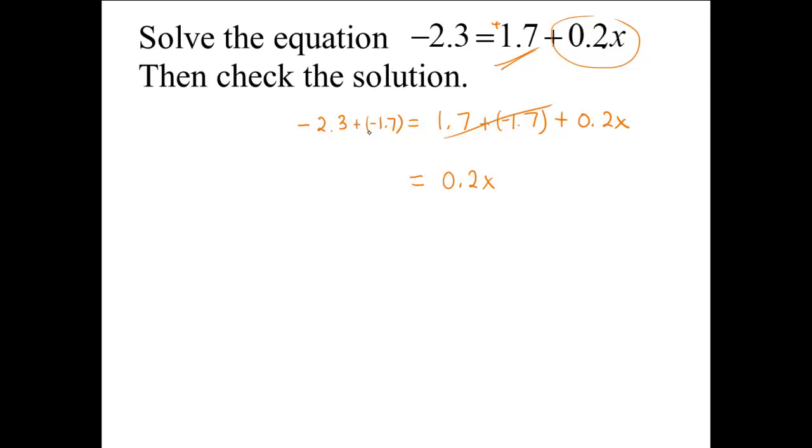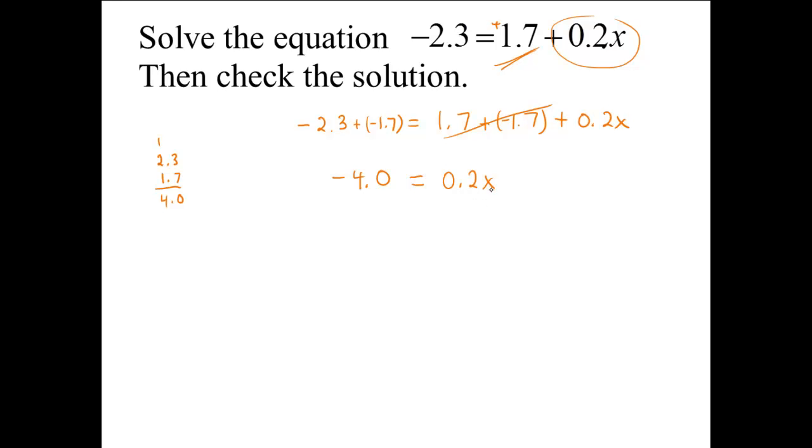We're adding two numbers that have the same sign. So on a side here, we're going to add their absolute values, which are positive 2.3 and 1.7. You get 4.0, but negative plus negative is even more negative. So we have negative 4.0 equals 0.2x.